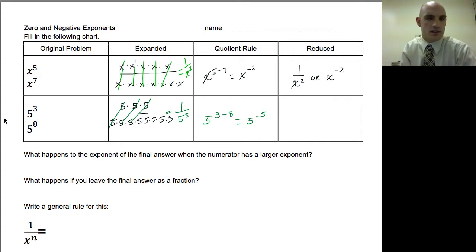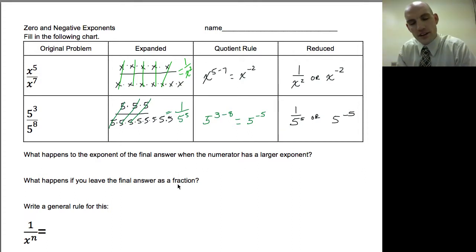If I reduce this, what do I end up with? Well, I've got my 1 over 5 to the 5th, or 5 to the negative 5. I'd like to see if you can fill in these questions down here.